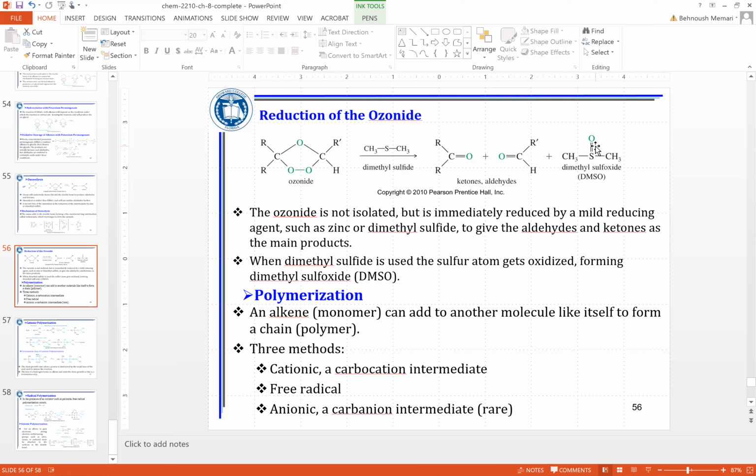You notice that there are a lot of reactions for chapter 8, and the only way you can survive the next exam is to make sure that you have memorized all the reagents for chapter 8. Know the reactant, reagent, and product.